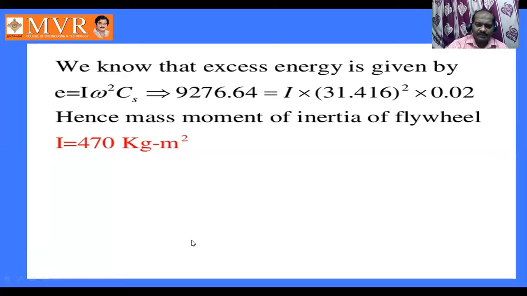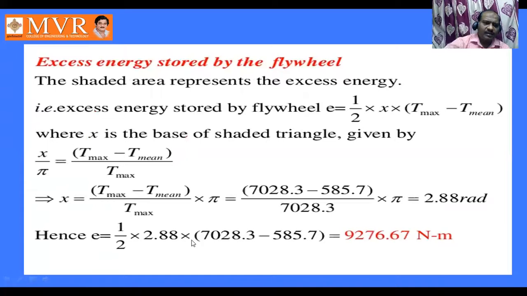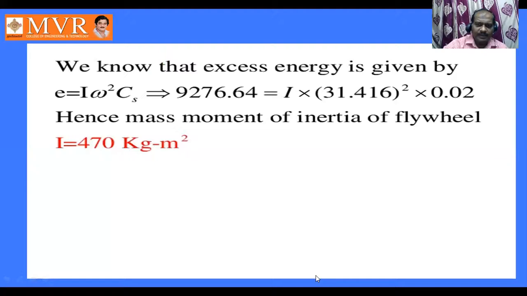Excess energy is obtained by the relation E is equal to half into 2.88 into T expansion minus T compression. So thereby I is calculated. So I is equal to 470 kg per meter square.